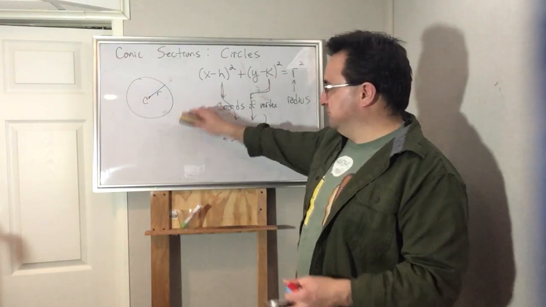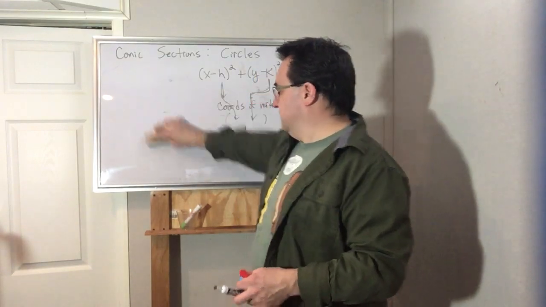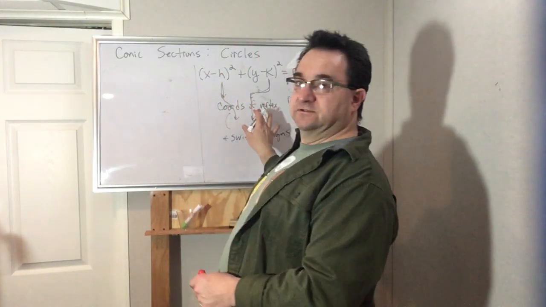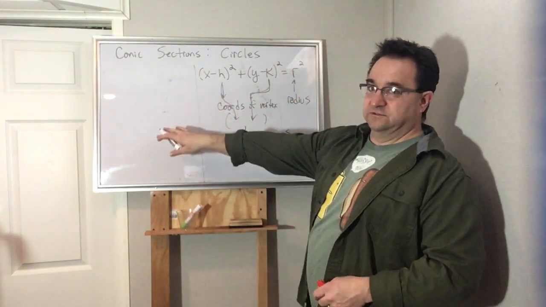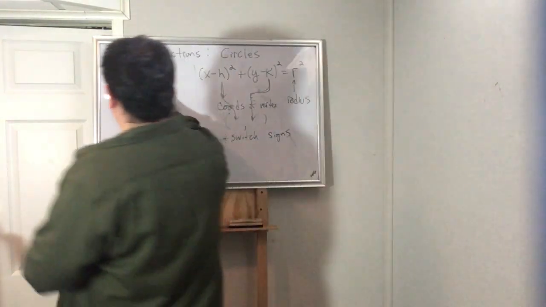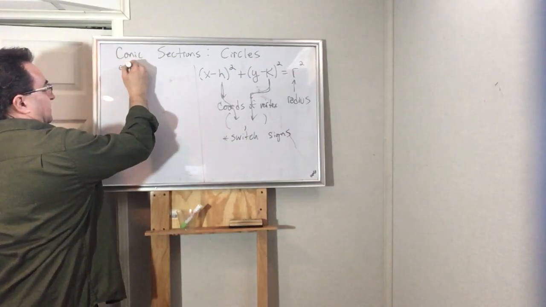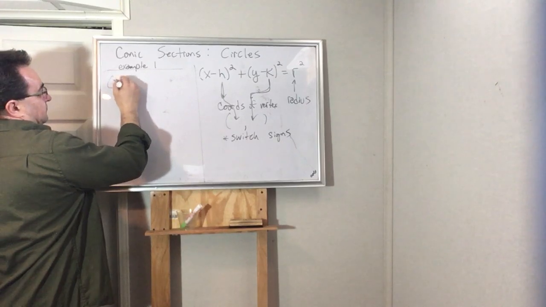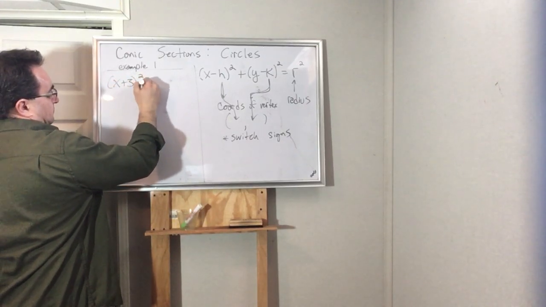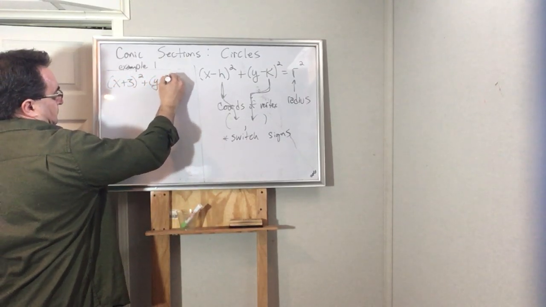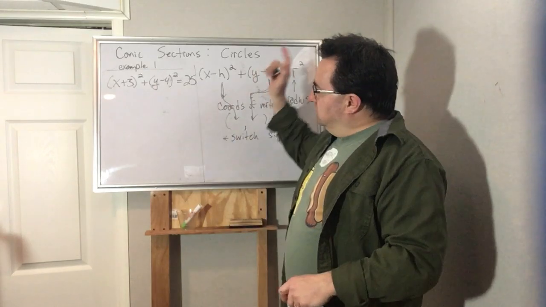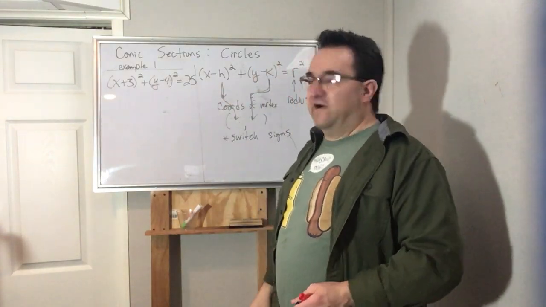Let's do an example. I'll just put it up right here, right next to it. We all know what a circle looks like anyway. Here's the equation, and now over here is an example. Example 1. Okay, so the radius has got to be 5, right?